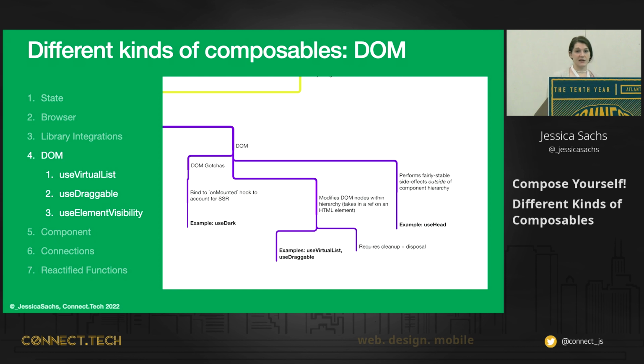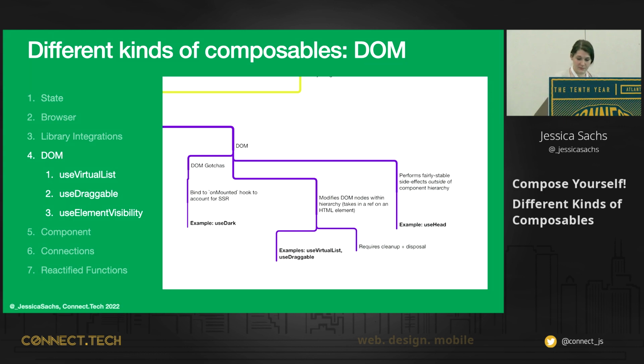You can get type safety off of components. At this point, Volar is doing a great job, vue-tsc is doing a great job, and if you're using Vite, there are plenty of plugins to help you generate DTS files of your components, so you don't have to, but it is much easier to get that type safety if you're doing things with composables.